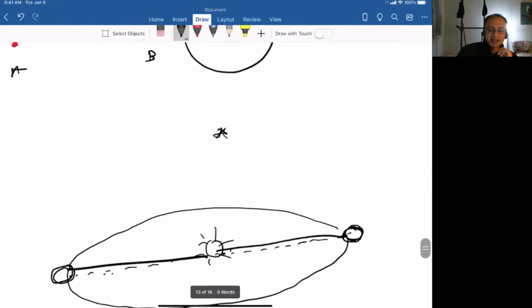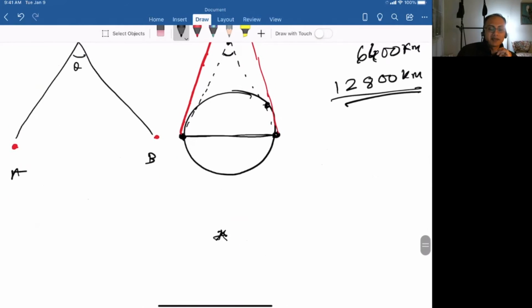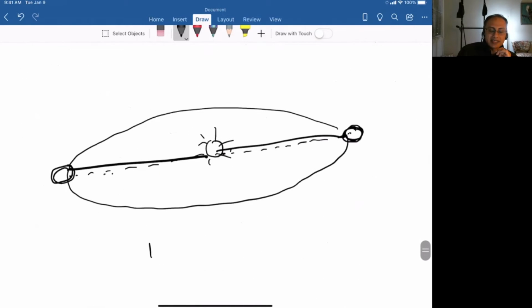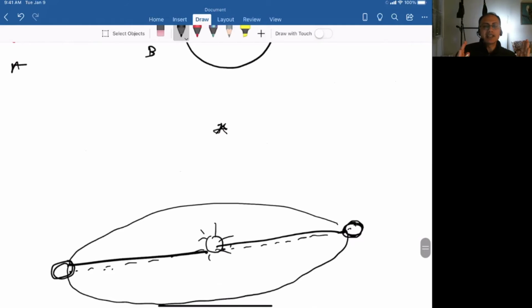So that's much better than 12,800 kilometers. Now we can get a baseline of 186 million miles, and that's the baseline that you need in order to be able to measure the parallax of some of the nearby stars, because the stars are so incredibly far away.